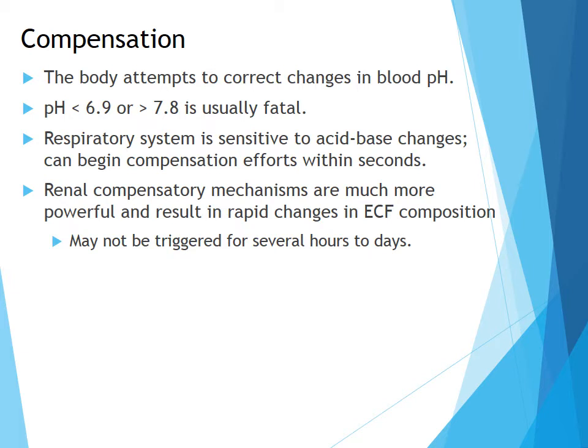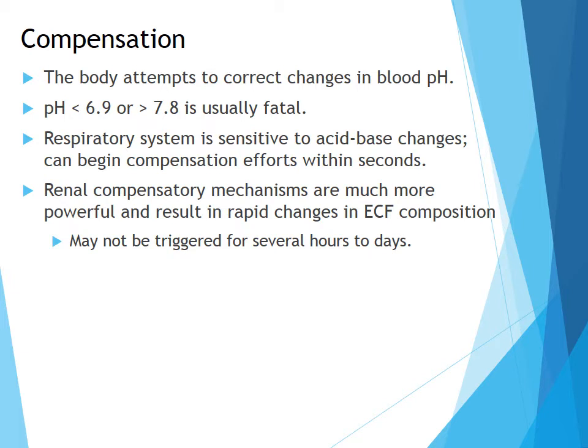So we were talking about how the respiratory system and the renal system make changes for us naturally, and that is part of compensation. So if our respiratory system senses any acid-base changes, it will begin compensation efforts within seconds. Respiratory system is very quick. The renal system, on the other hand, has mechanisms that are much more powerful, and they result in rapid changes in the extracellular fluid composition, but they may or may not be triggered for several hours to days.